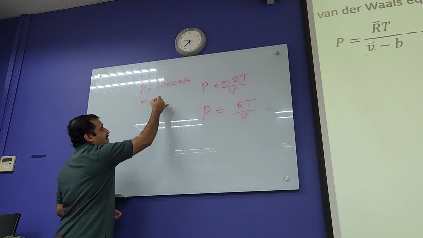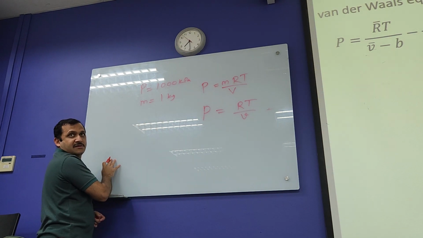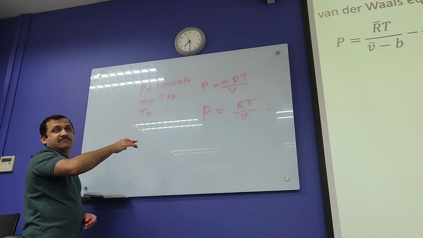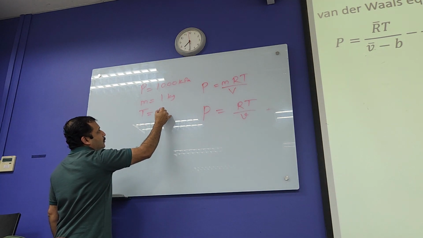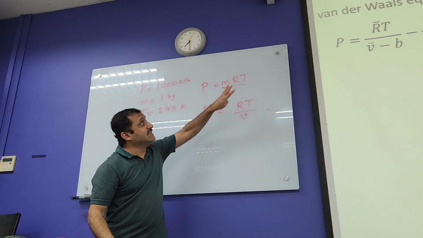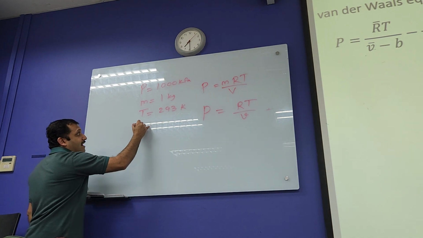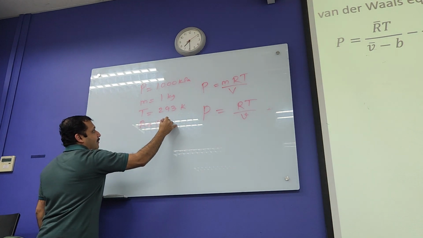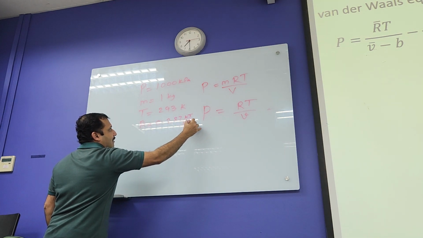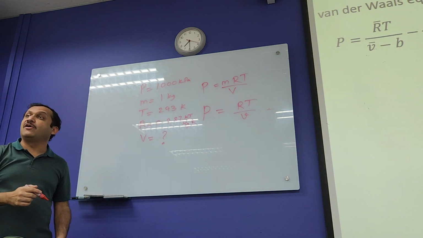Mass 1 kilogram. Temperature, let's say 293 kelvins. Temperatures in these equations should always be in kelvins, absolute temperatures. R of air is 0.287 kilojoules per kilogram Kelvin. Question is, what is the volume?